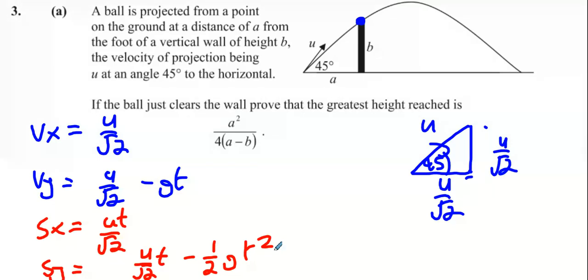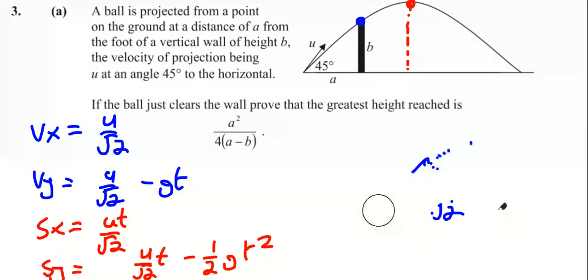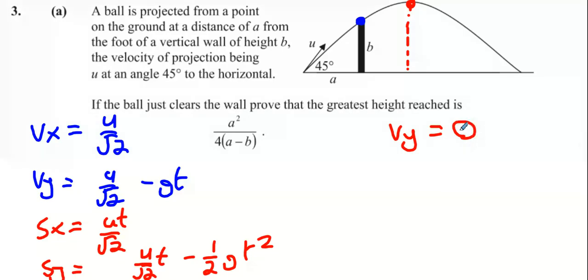All right, so we have a good solid foundation here. Okay, it wants the greatest height. When you see the words greatest height, what should be your go-to game plan? It should be vy equals 0. We all agreed?